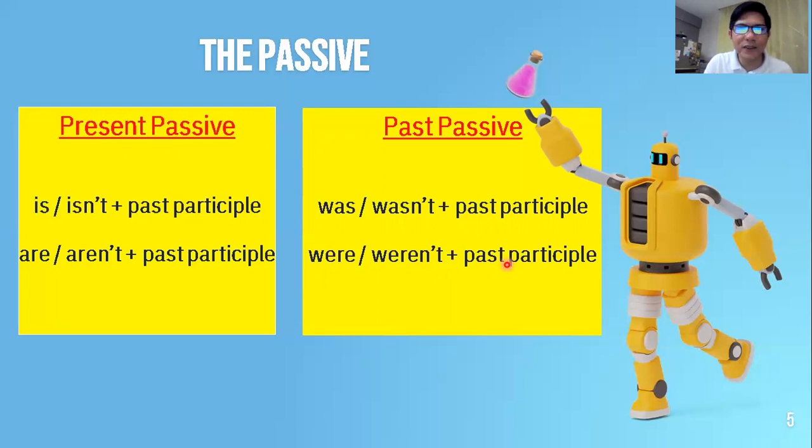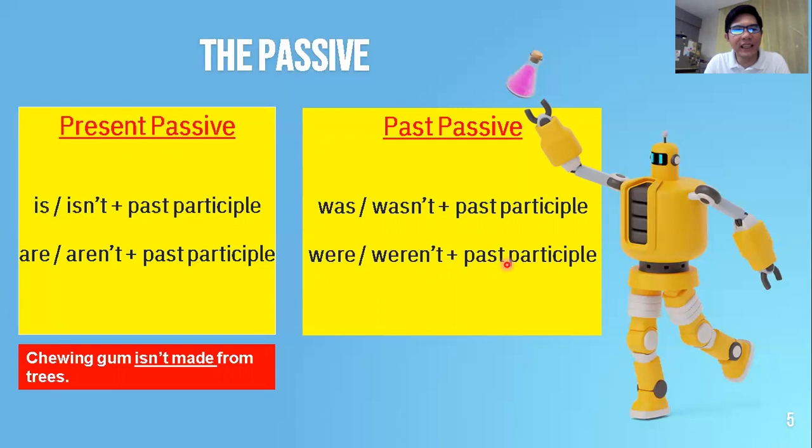Let's have a few examples. Chewing gum isn't made from trees. So we use isn't, and the past participle form of make is made. You can open your workbook on page 136.